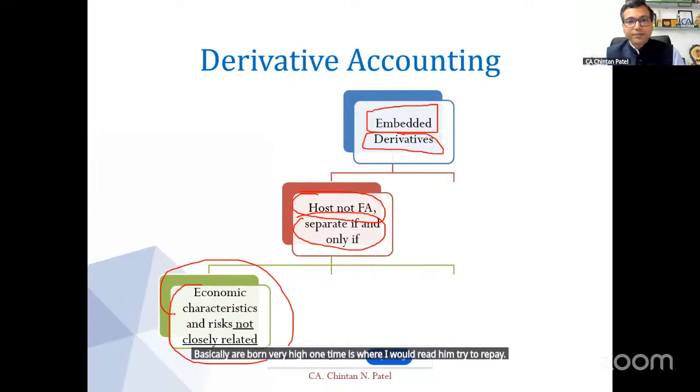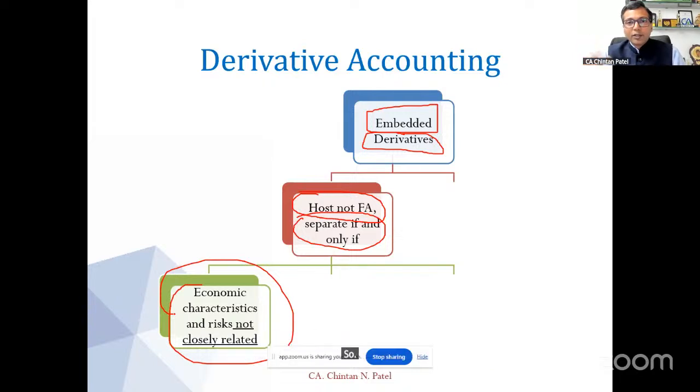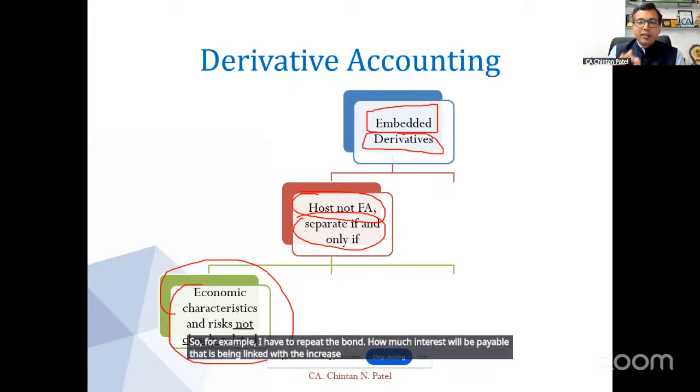That is one contract. The second is the price of gold, wherein the amount of interest payable is based on the variation in the gold price. So for example, I have to repay the bond. How much interest is to be payable? That is linked with the increase in the gold rate.